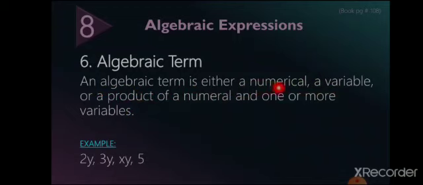Okay, so what is numerical? Numerical means only the digits. Variable means these values, and the product of numerals, it can be 3 multiplied by y, or you can say y multiplied by x or x multiplied by y. Okay, so these are algebraic terms separately. This is one term, this is second algebraic term, third and fourth. Separately we will say it's algebraic term.